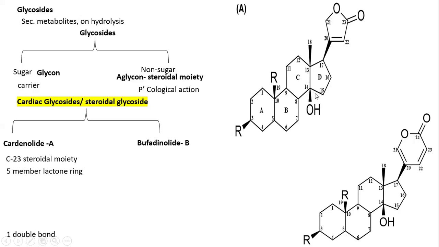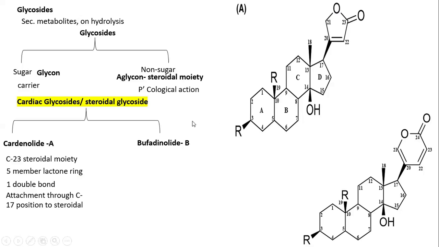The third point is that it contains one double bond, at position 20, in the case of cardenolide. The lactone moiety is attached to the steroidal moiety at the C17 position.